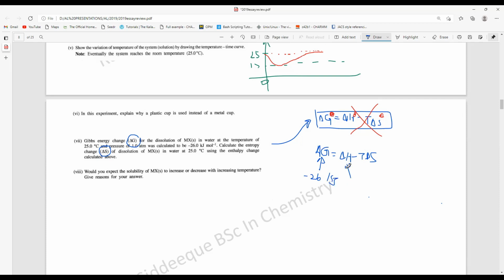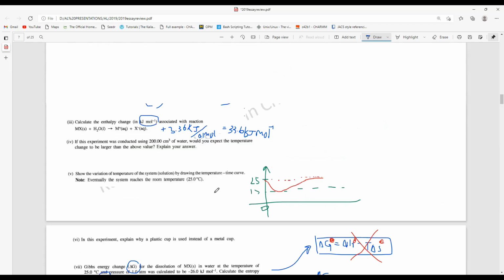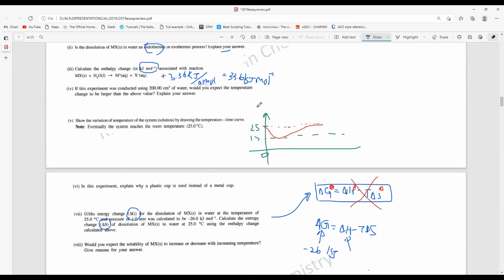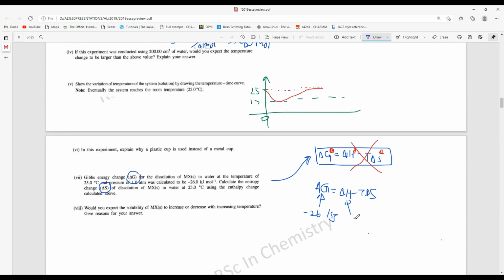Delta H, we have already calculated from the previous questions, 33.6 kilojoule per mole. And the temperature is 25, which means 298 Kelvin. So then you can find delta S. That's it.